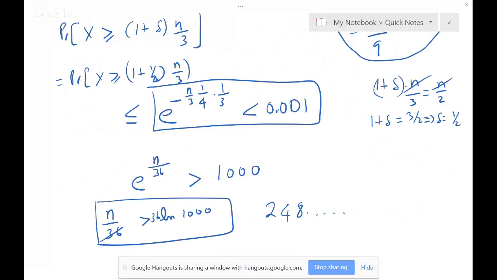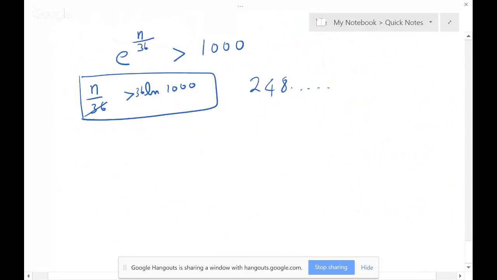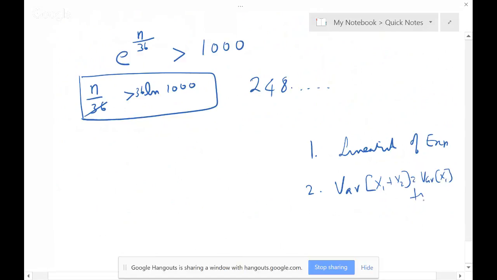Maybe the third one could be another statement. The first one, to recall, was the linearity of expectation. The second claim was that the variance of x1 plus x2 equals the variance of x1 plus the variance of x2.